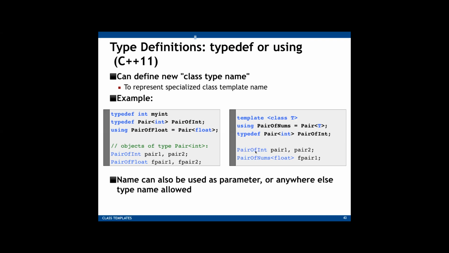So we are using this here. So this object is type of this one. So that's the difference. With the using keyword, you can use a template and type parameter T, but with a typedef, you cannot use a type parameter T. You have to specify the actual type.